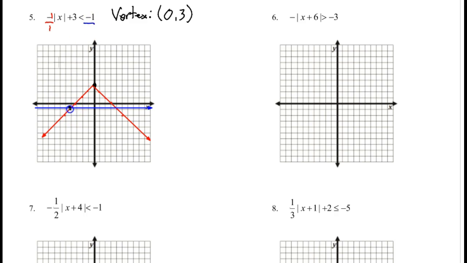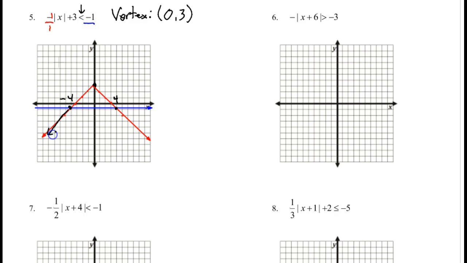Alright, so we got our two x's where they intersect, looks like negative 1, 2, 3, and 4. So negative 4 and positive 4. Right? And so where is the red part? Where is it below the blue part? We got red and blue. And less than means below. So it's going to be everything down this way.